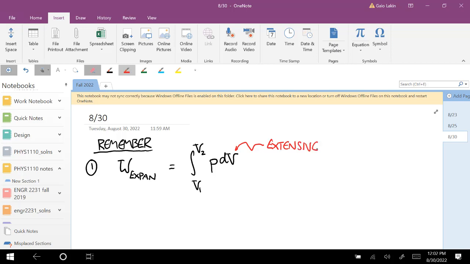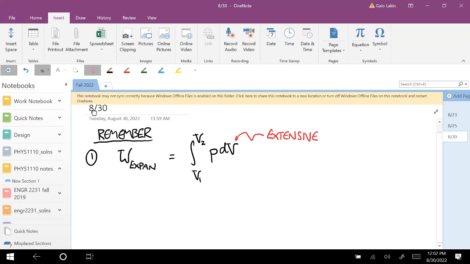So, often as we start working with tables, you're going to get stuff in terms of intensive volumes. You're going to have to convert that to use this. It is always the case that if the gas expands, W is positive. It does positive work on the environment.